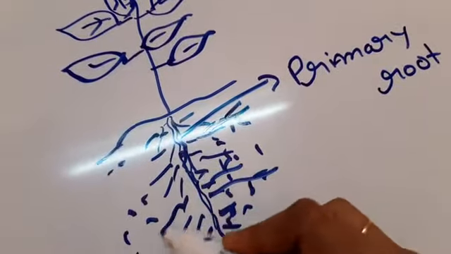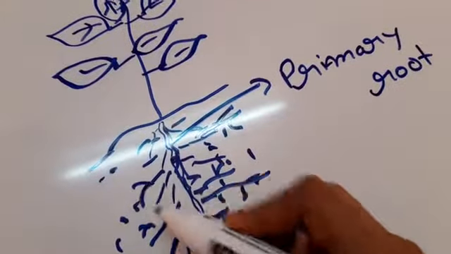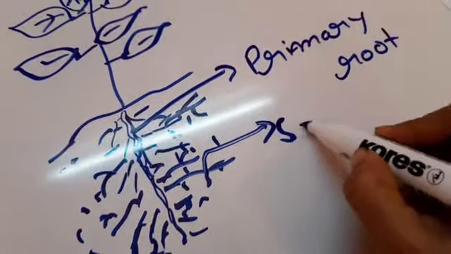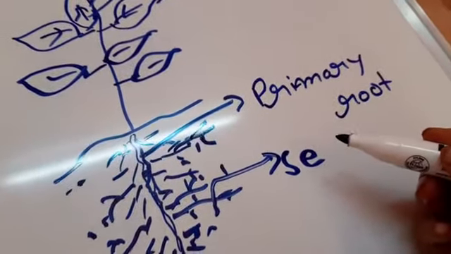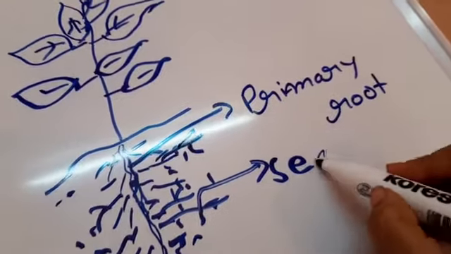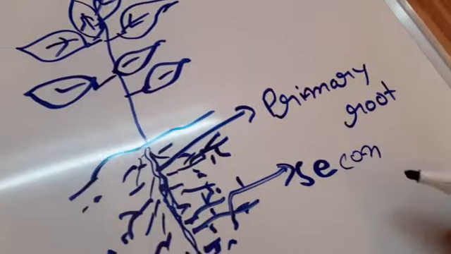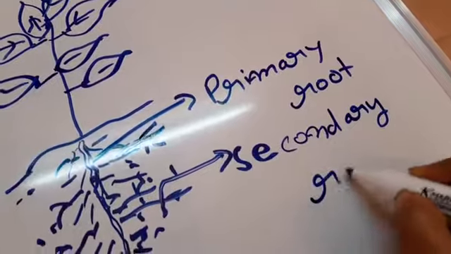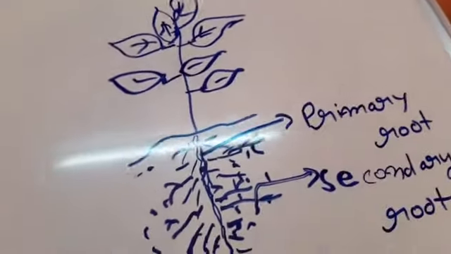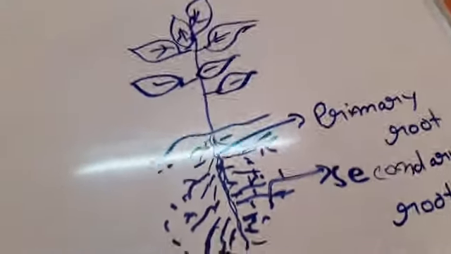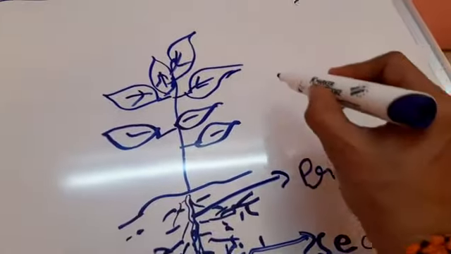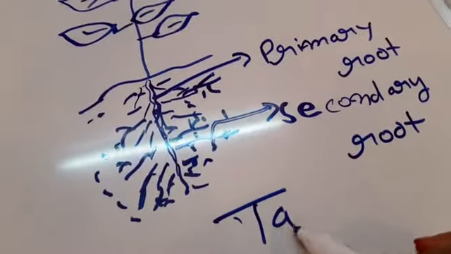Here we can see in this diagram, this is a secondary root. So here we will discuss the taproot. So this is a diagram of a taproot.